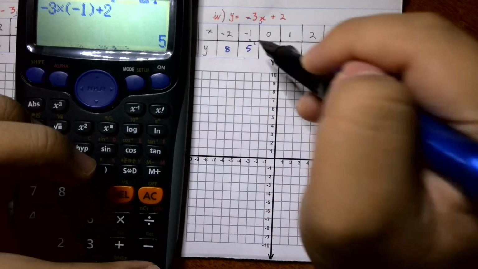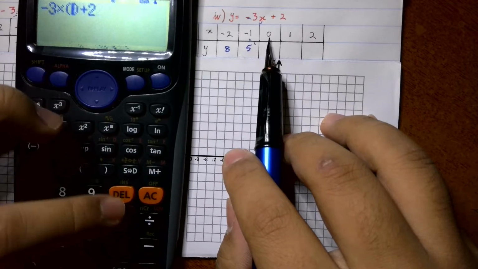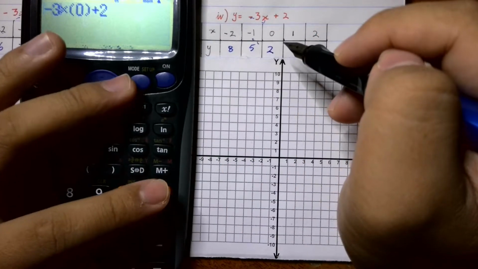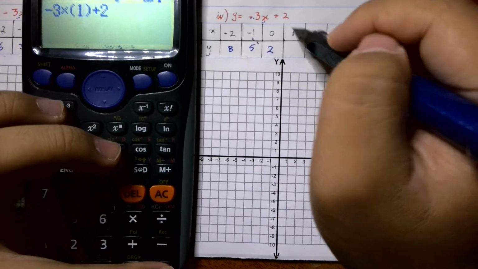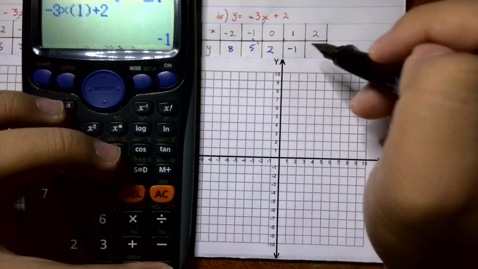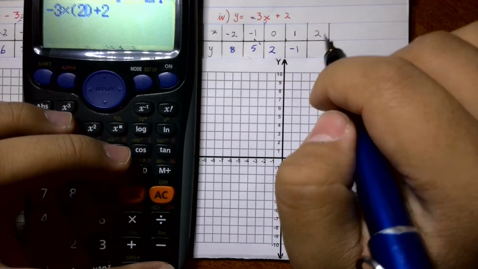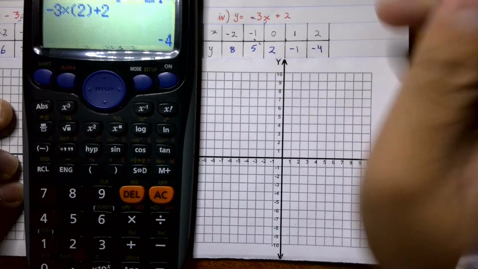This gives us 5. Substituting 0 gives us 2. When we push in 1 to the equation, we get negative 1. And lastly, when we put 2 into the equation, we get negative 4.